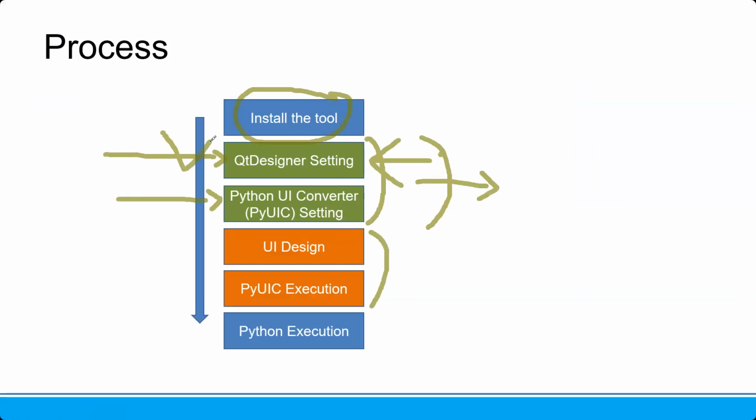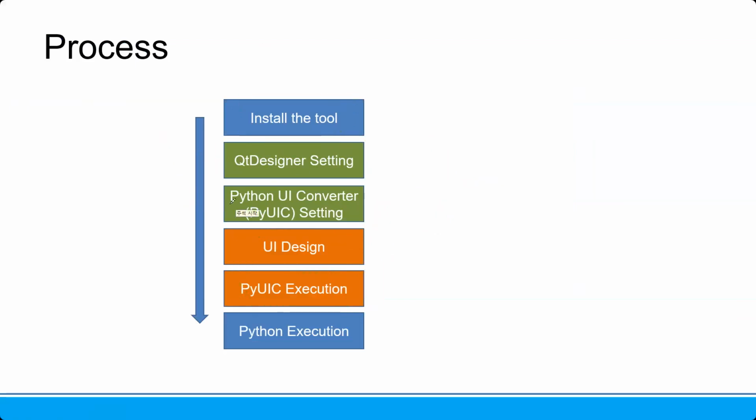So we need to solve these two issues before you can make the design, or before we can do the PyUIC. What is PyUIC? It is the Python UI converter. We call it PyUIC. So we are going to do some settings on this one.